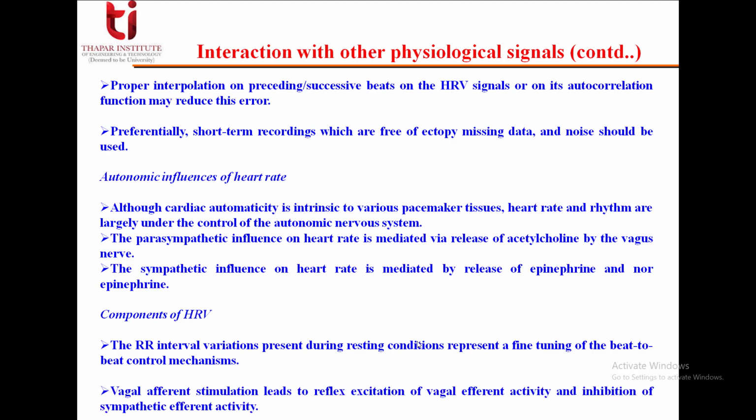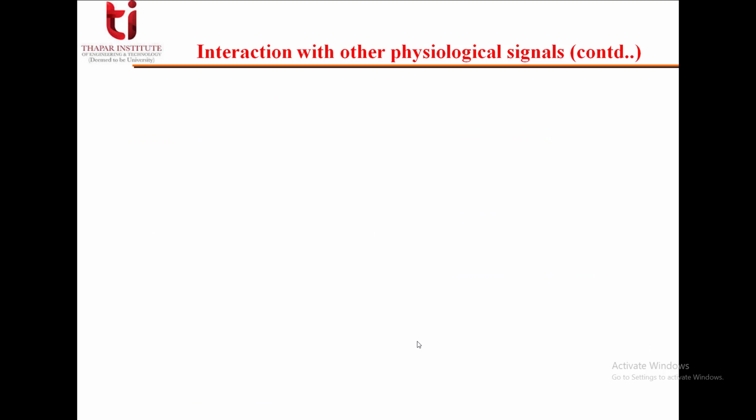Vagal afferent stimulation leads to reflex excitation of vagal efferent activity and inhibition of sympathetic efferent activity. The opposite reflex effects are mediated by the stimulation of sympathetic afferent activity.